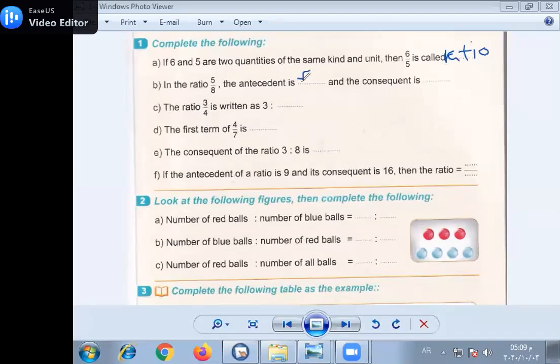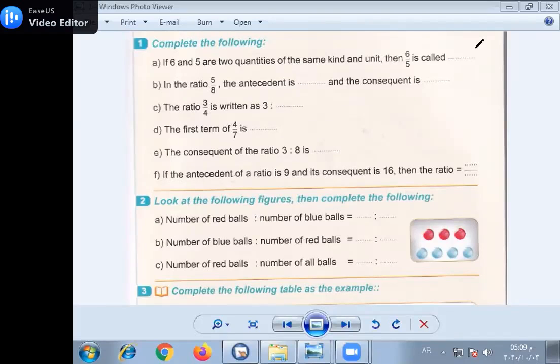Go ahead, Marteros. The second term of this ratio is 8. It is 8. So we call it the consequent. I will write, Marteros. I will take your answer and I will write, so we don't confuse each other.